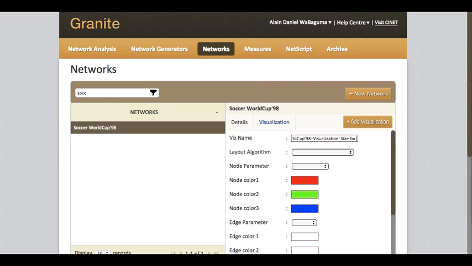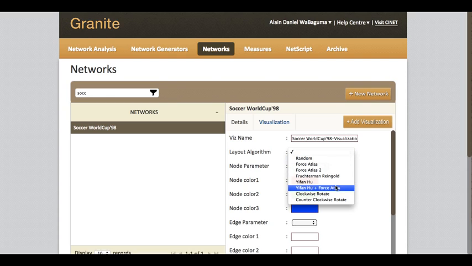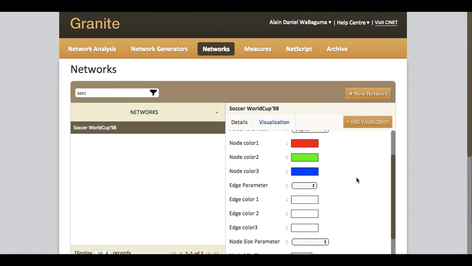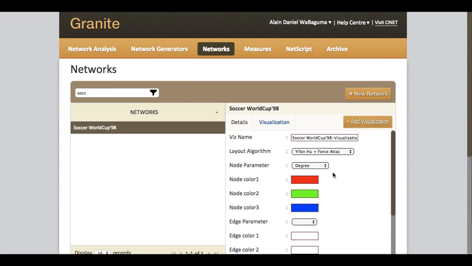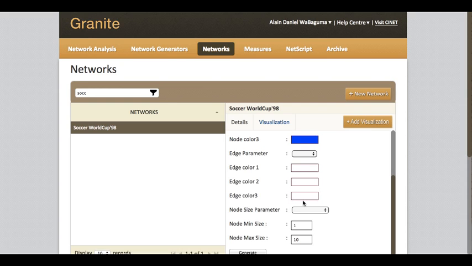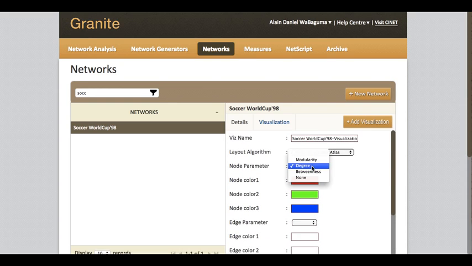Size for degree. Okay, betweenness will be in color.